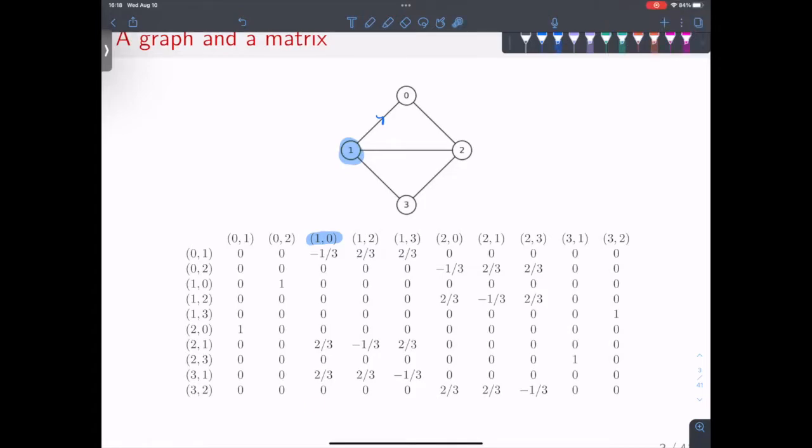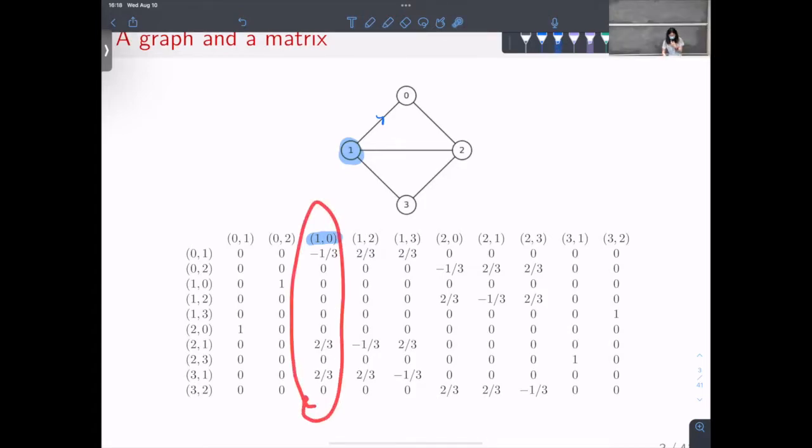So the column indexed by 1, 0 has only 3 non-zero entries. And because the tail of 1, 0 is 1, the non-zero rows will be the arcs that have head 1. So you have 0 going into 1, 2 going into 1, and 3 going into 1. Only those entries receive non-zero values.